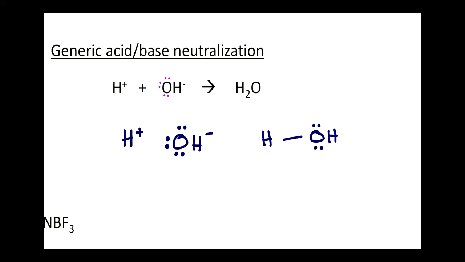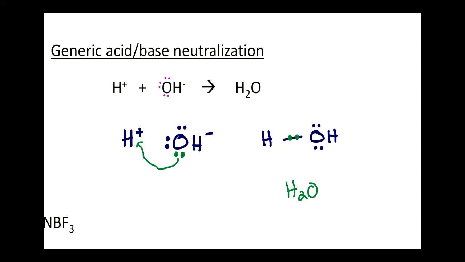You can clearly see that those lone pairs on the hydroxide are going to donate into H+, where these two electrons are now in this chemical bond between H and OH, which we know as H2O. See how these two electrons became the bond that donated into H+ to form this new chemical bond to make water?